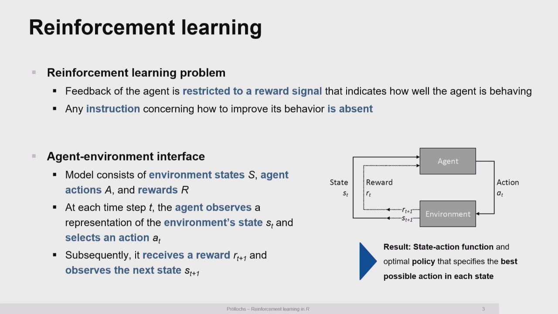So let's think about the agent. The agent is at a certain position, and it has four options to move: left, down, right, up. At the end of the learning process, the agent knows which one to choose and which one is best, and this is the policy, or the optimal policy, if it's the best possible action.